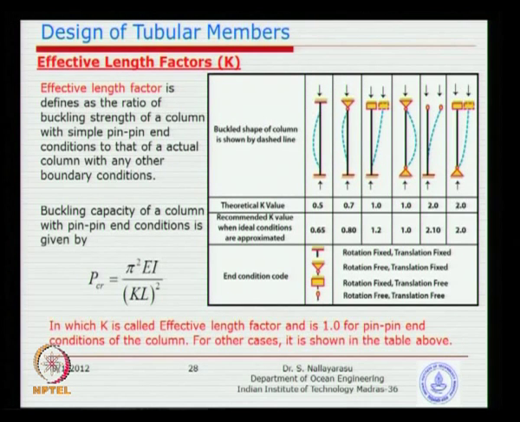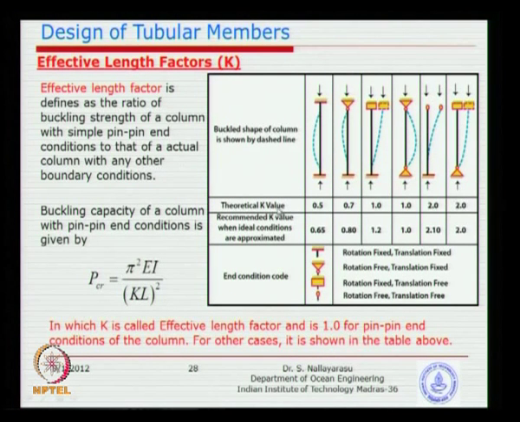The same thing is expressed in a typical picture here, which could easily be understood. For a fixed column, the effective length factor is 0.5 compared to a pin column. Always remember, the pin column is taken as the base, which carries say 1 kg or 100 kg. The fixed column can carry twice the load. So that is basically relative.